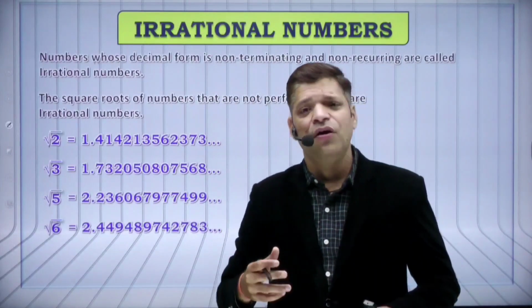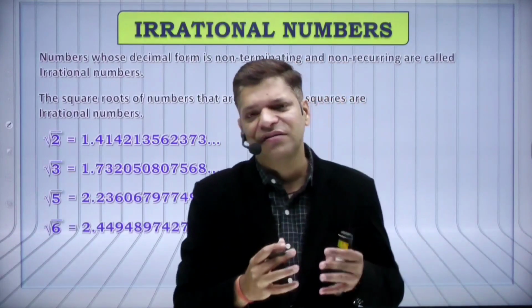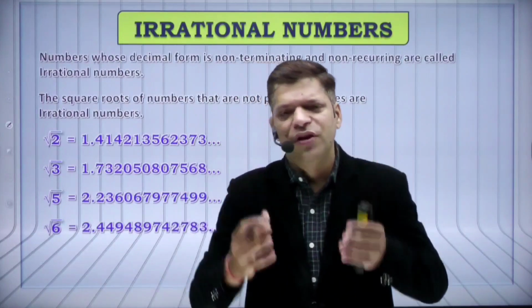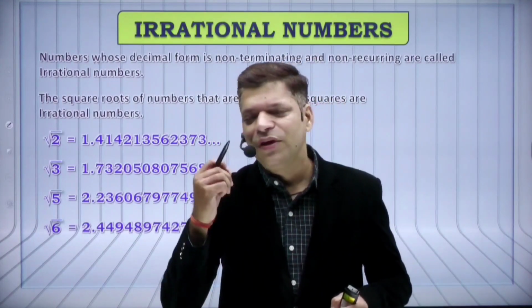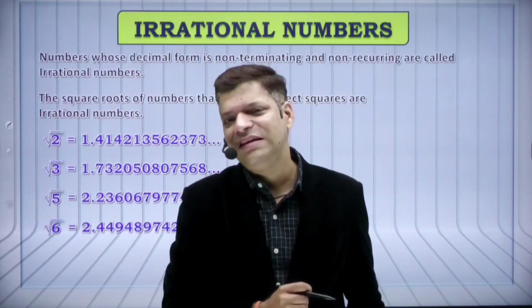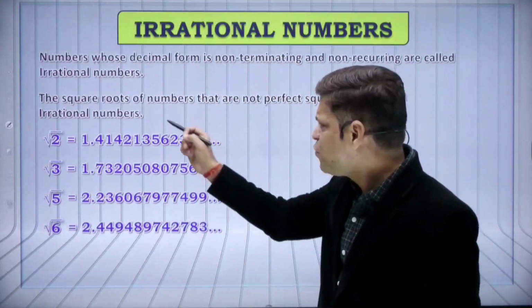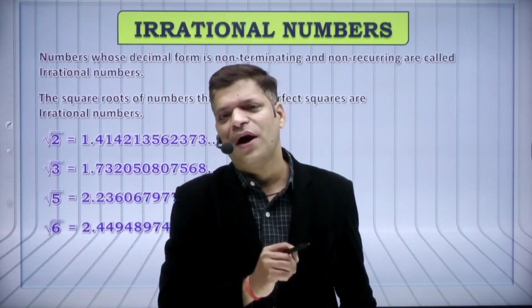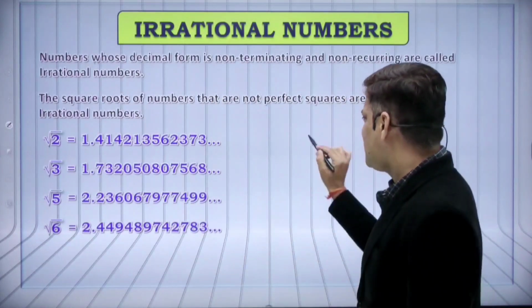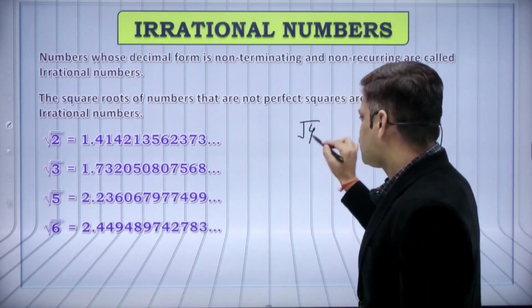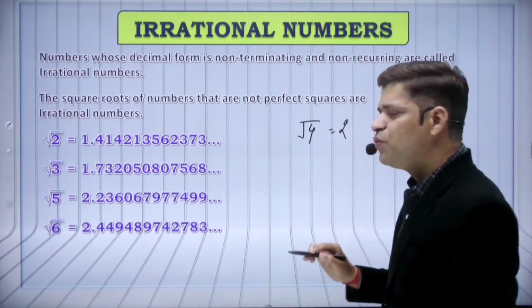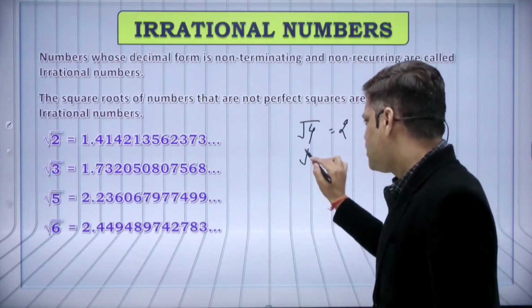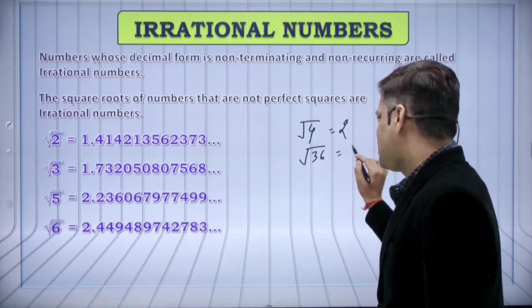Now, the square root of numbers that are not perfect squares. Not a perfect square means that if you find the square root of 4, it will be 2, and if you find the square root of 36, it will be 6.